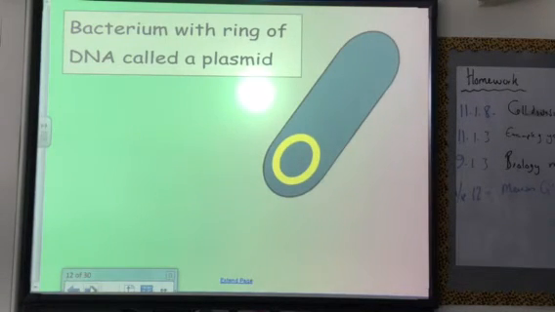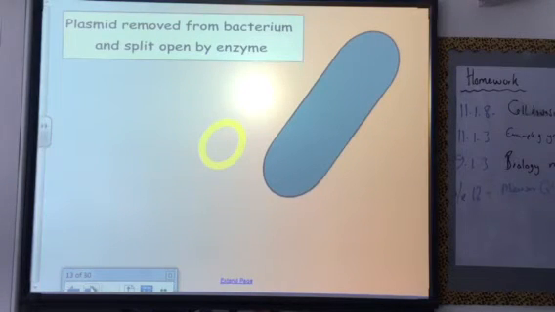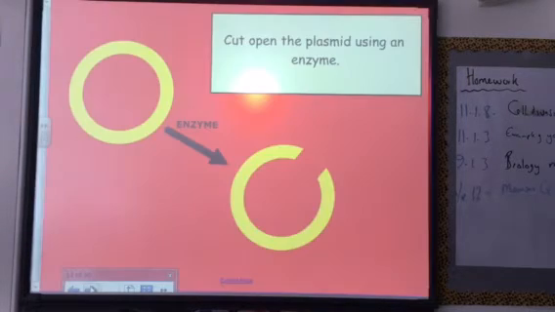So what we do as scientists is we remove the plasmid from the bacteria and then we cut open the plasmid, again using that keyword enzyme. What do you think we're going to do now? Insert the tall. Good lad. We're going to take that human tall gene and put it into this plasmid.